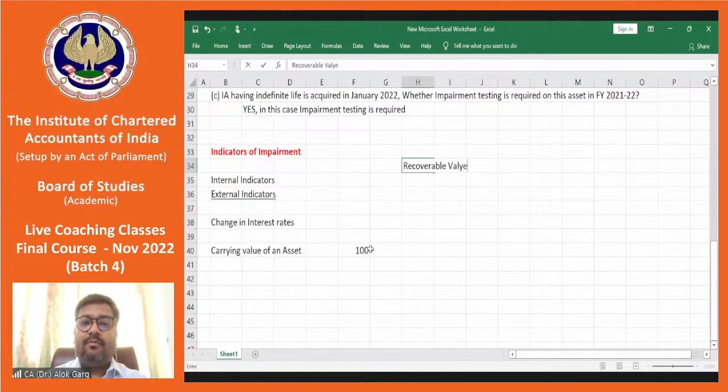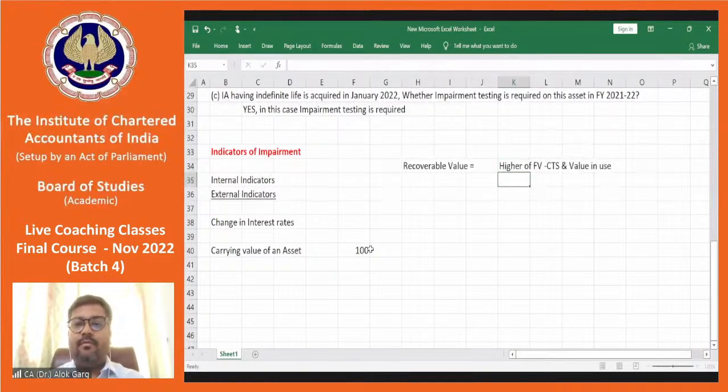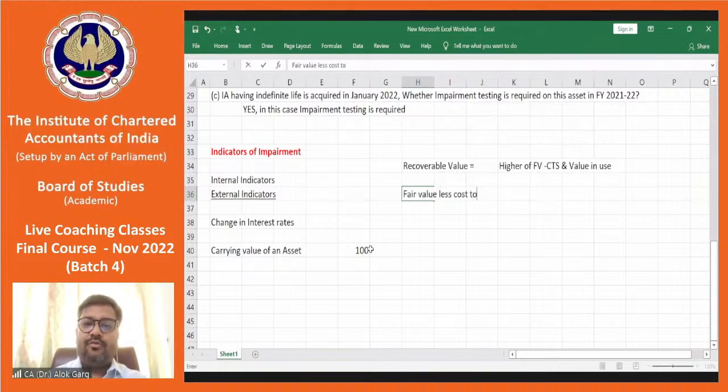Recoverable value is the higher of fair value less cost to sell and value in use. Assuming my fair value less cost to sell is, let's say, 90 rupees, or let's say 80 rupees, right? 80 rupees.